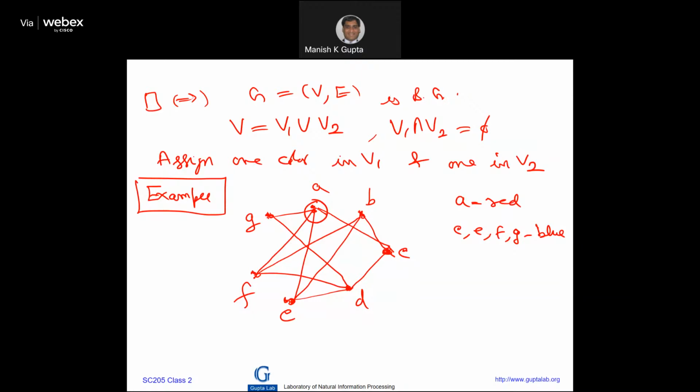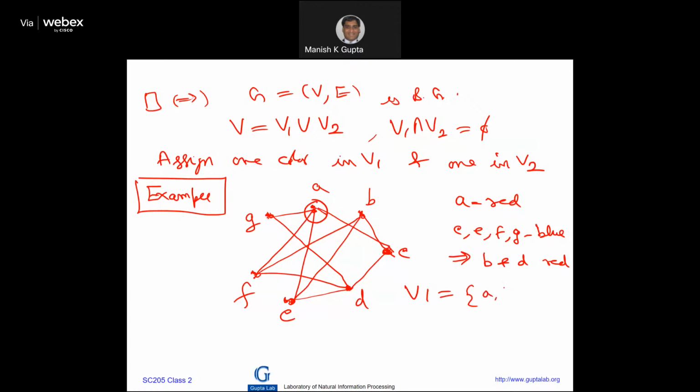Now whatever is adjacent to C, E, F, and G, I assign them red color again because I have to go further, right? If I do that, this will imply that B and D are red. So basically, we are able to make two sets.